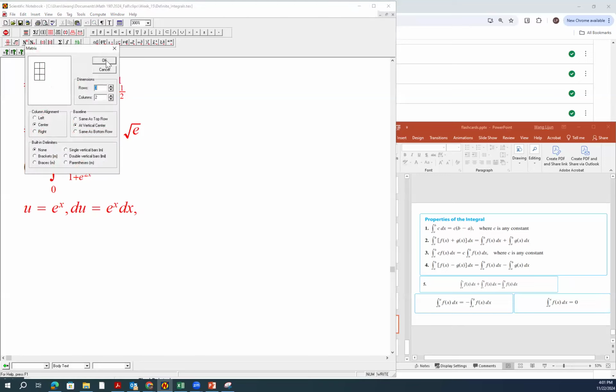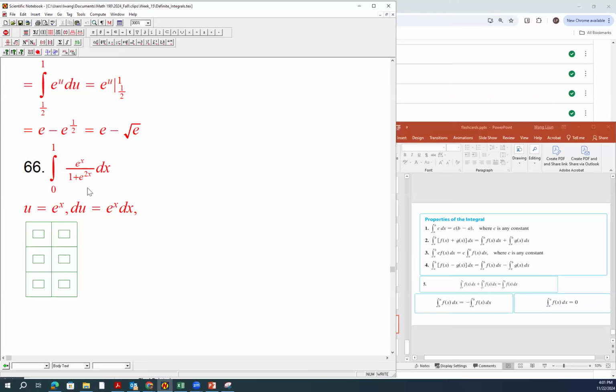Table: we've got x and u. X runs from 0 to 1, sorry. And u runs from, when x is 0, that equals 1, and when x equals 1, that's just e.